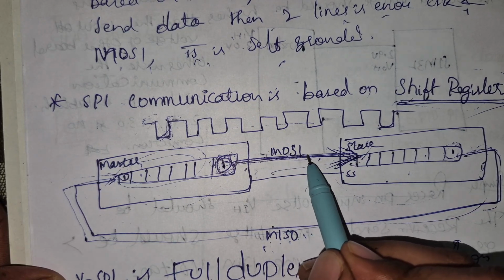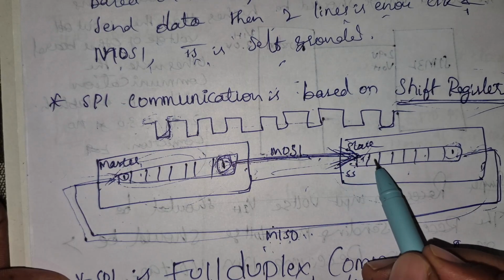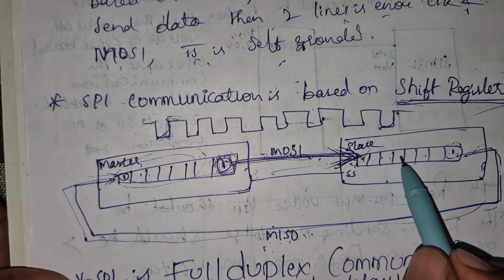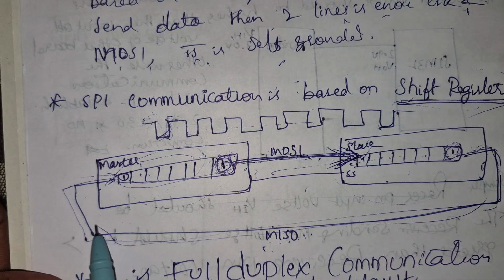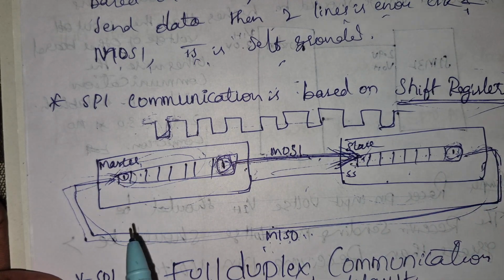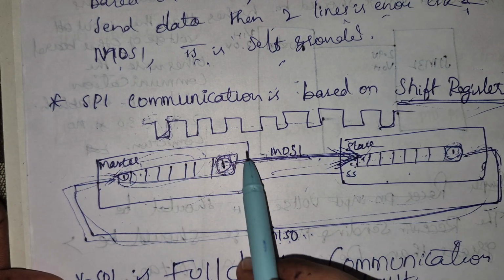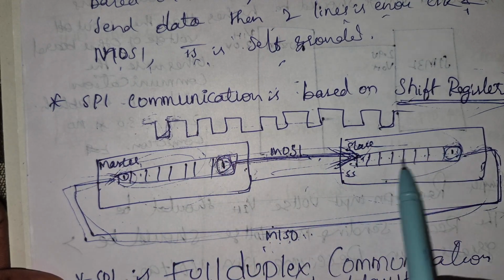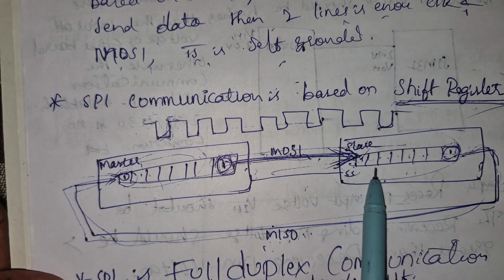Similarly, when this bit is transferred here, the data will be shifted by 1 bit, and a bit from the slave again comes to the master and is stored here. This cycle will continue until all 8 bits of data are transferred to the slave. In this way, the communication happens between master and slave.